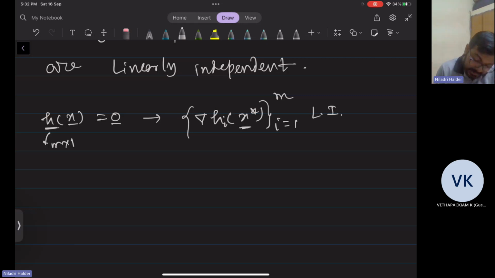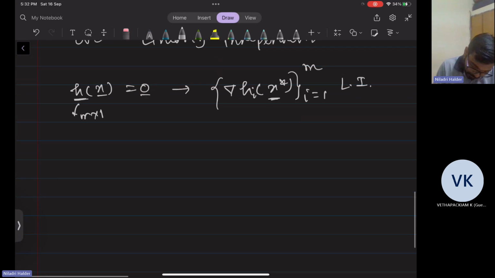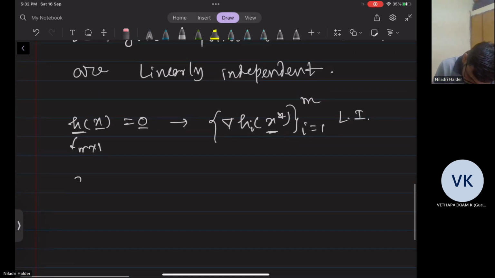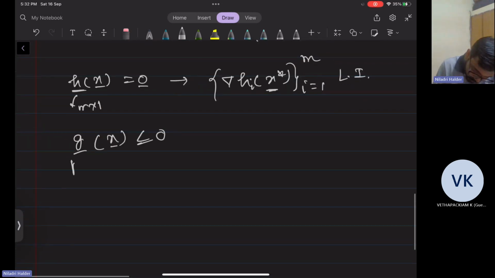But for the inequality constraint also, g of x less than or equal to 0, this is a p cross 1 vector.